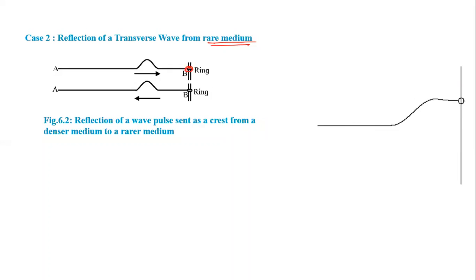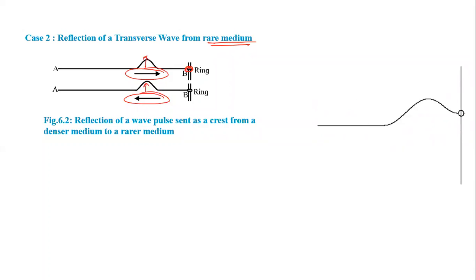So some gap is produced and that gap acts as a rarer medium. Now when a crest is incident on this rarer medium, we get a crest only. This is the wave velocity. After reflection, you can see it is reversed. But the particle velocity is in the upward direction, and after reflection also it is upward.